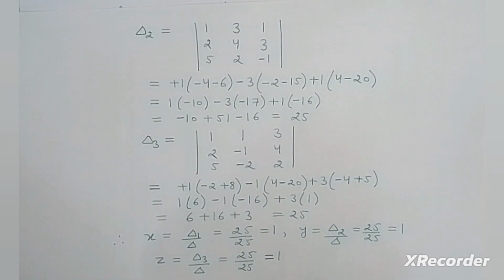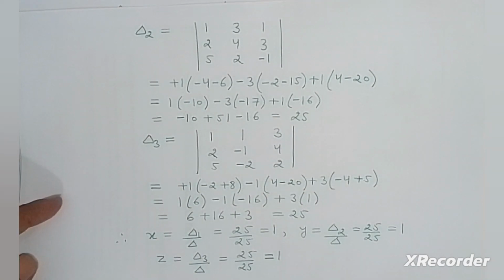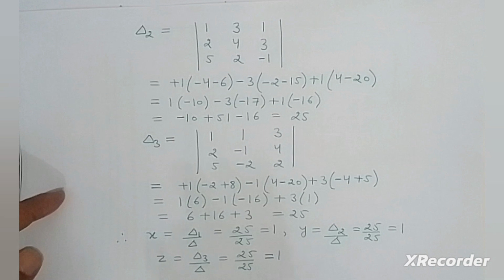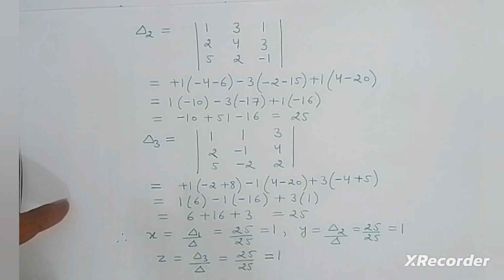This video is very helpful especially for students who are in class 11 or class 12, and also it is very helpful for competitive exams. So a system of linear equations can be solved easily using Cramer's rule.